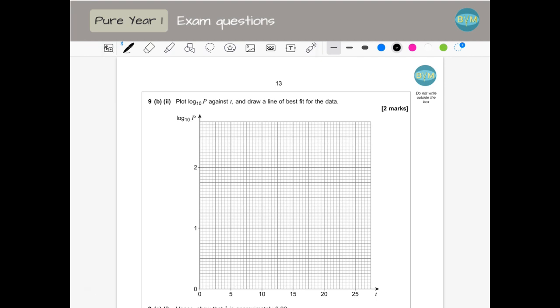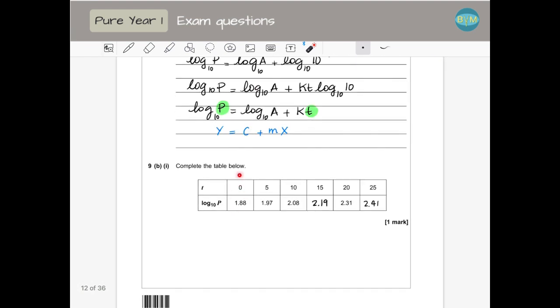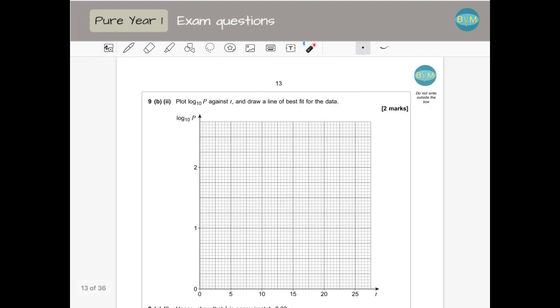Then we have to plot log P against T. So we have to represent these points on that graph. I'm trying to do it more or less quickly. You see there are 20 squares in 1 unit, so that means that every little square is 0.05.